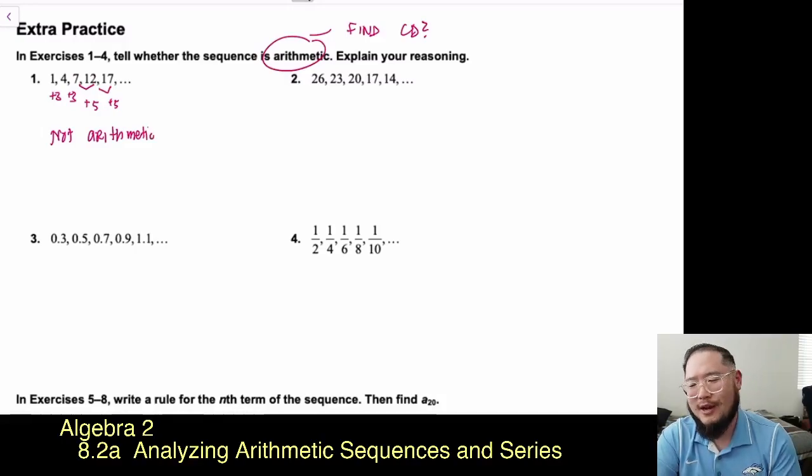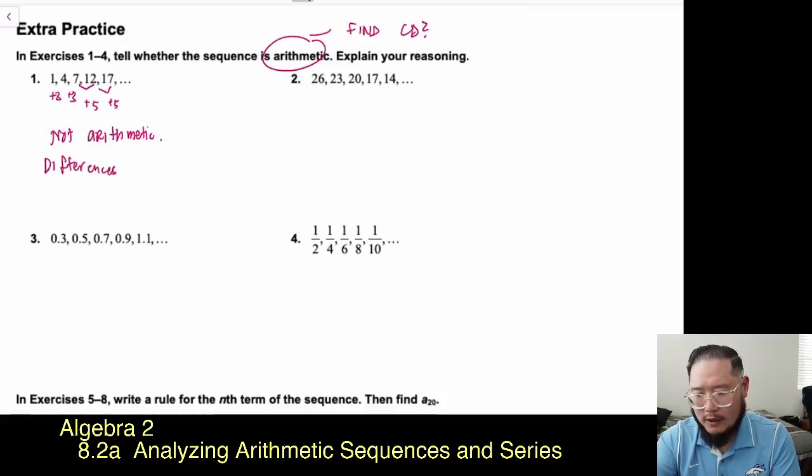It just seems a little off. And then we have to explain our reasons, and simply put, the differences are not constant. Okay, and there you go.